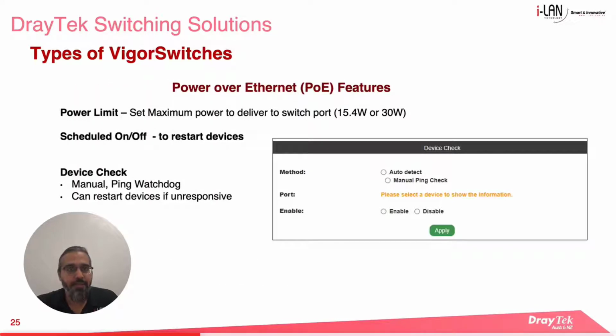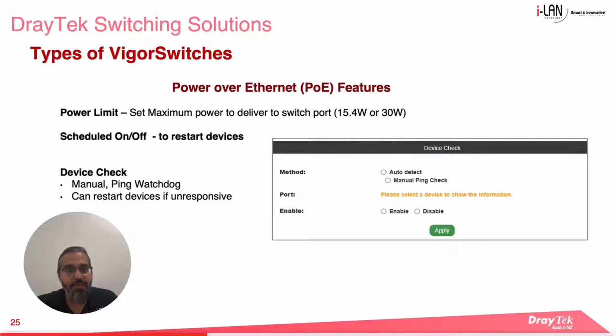Listed here are some additional features of Tradetech PoE WiGA switches, including the option to set a power limit to each switch port of either 15.4 watts or 30 watts. Also, devices can be restarted by power cycling them at pre-configured times according to a schedule.